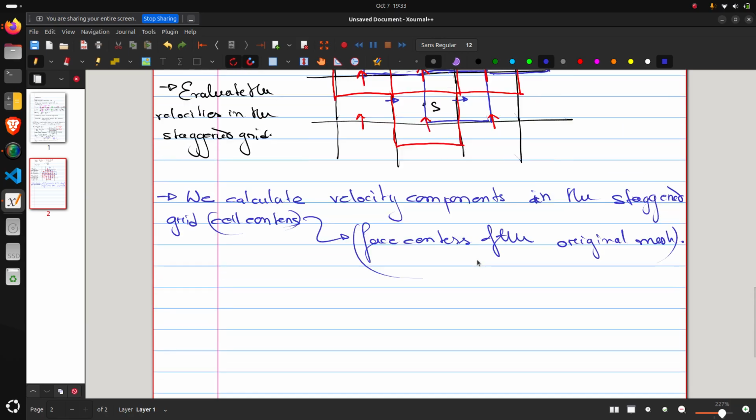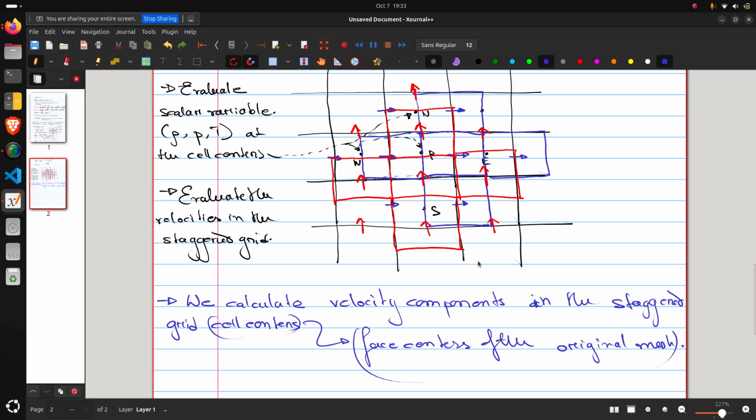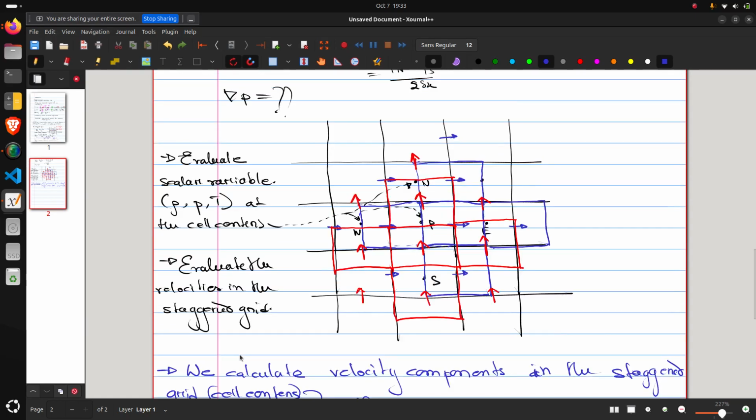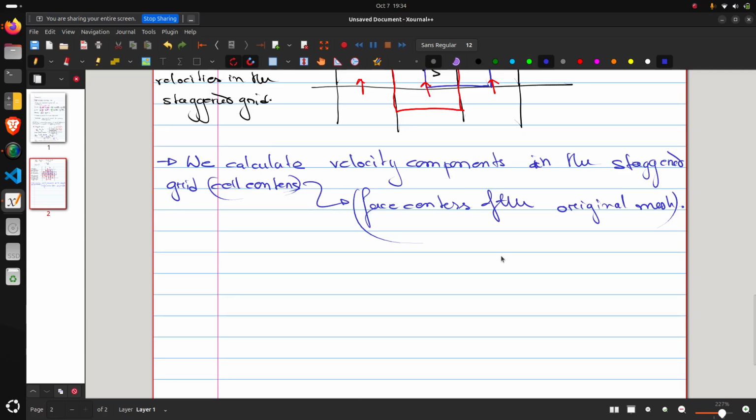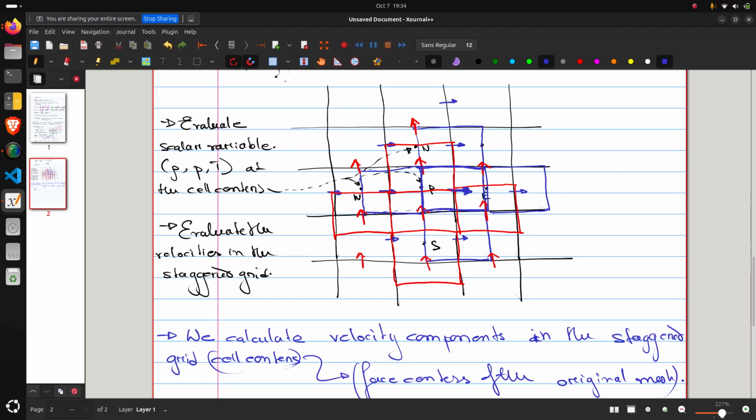Okay, so what implications does it have for us right now? If we solve for this point, we want to get the value of u at this point. So we will solve the x momentum equation and the y momentum equation. So what do we have? We have dou p by dou x, and in this case it's quite easy, right?